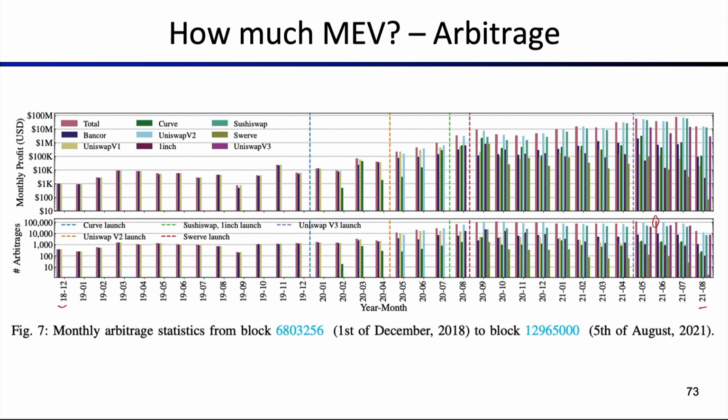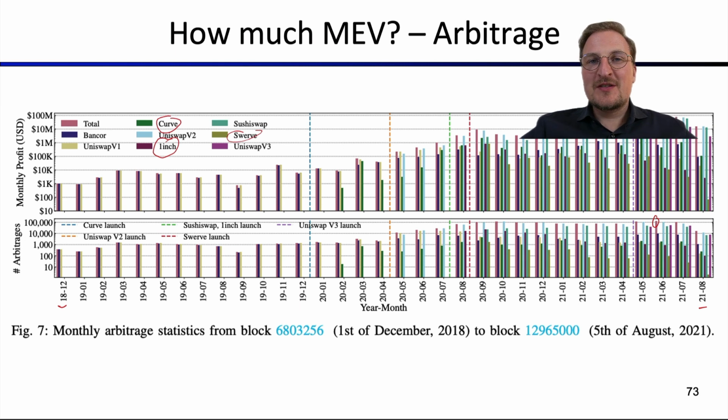Notice that we have included additional markets such as Curve and Swerve in this particular evaluation, as well as 1inch. Arbitrage is naturally seen as a very benign trading strategy to help the markets become more efficient, but there's certainly a cost associated with performing arbitrage, like on-chain overhead, and this is certainly something that miners can extract if they would like to.